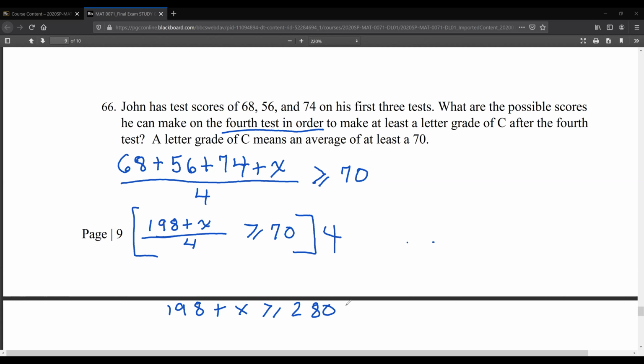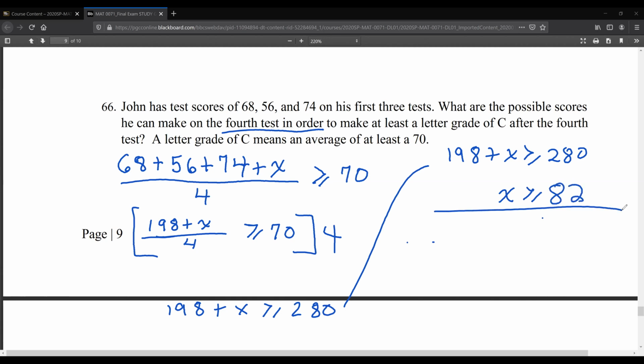So I'm going to take this up here. 198 plus X is greater than or equal to 280. And then you're going to subtract 198 from both sides. So the X is going to have to be greater than or equal to 82. So the student has to make at least an 82% on the fourth exam.